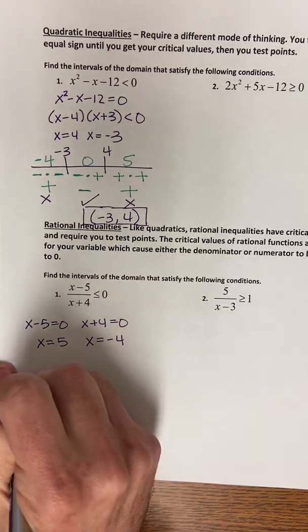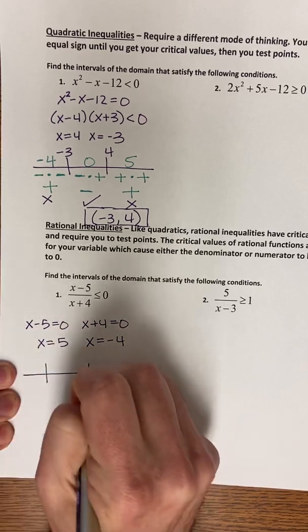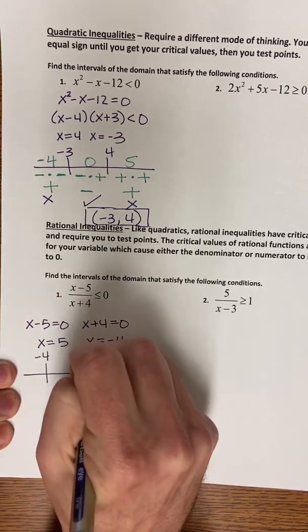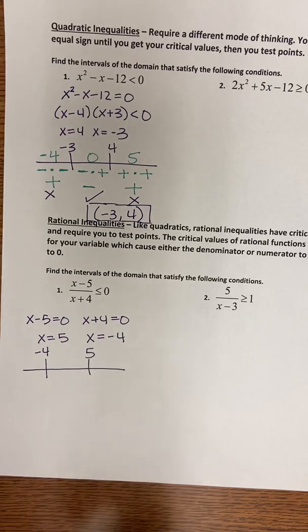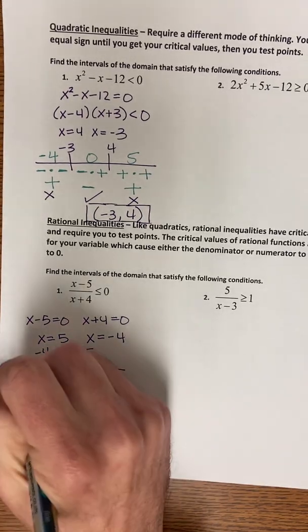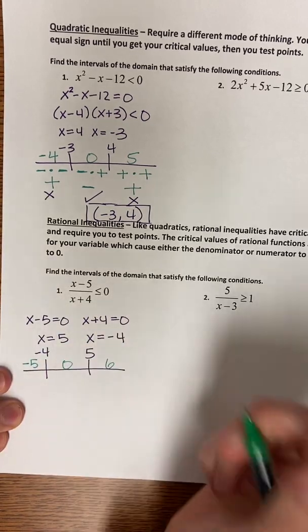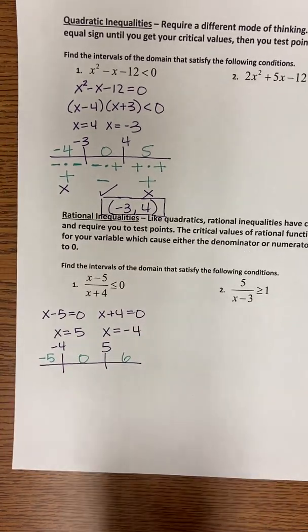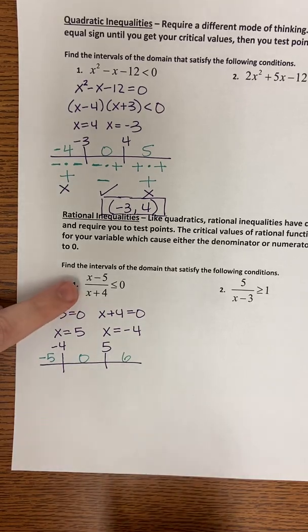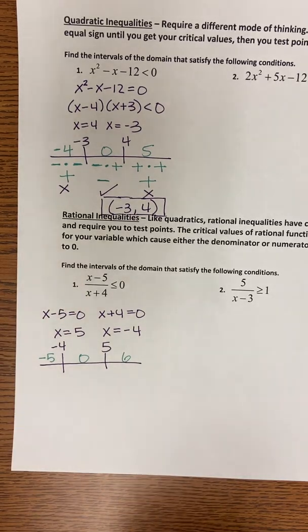So similarly to what we did with the quadratics, we will organize these, -4 on the left, 5 on the right, picking nice values to plug in. I'm going to go with -5, 0, and 6 in this case. And again, we don't care what the sign is, but we're looking at this thing, and we're going to see positive or negative.